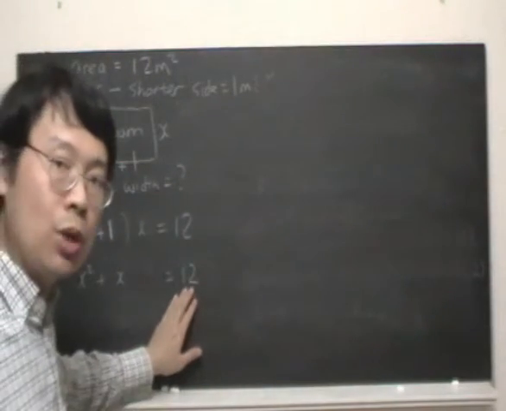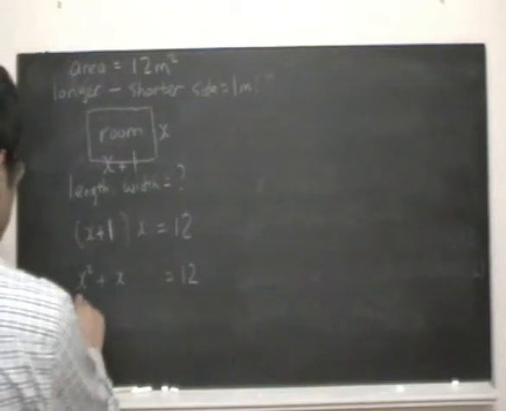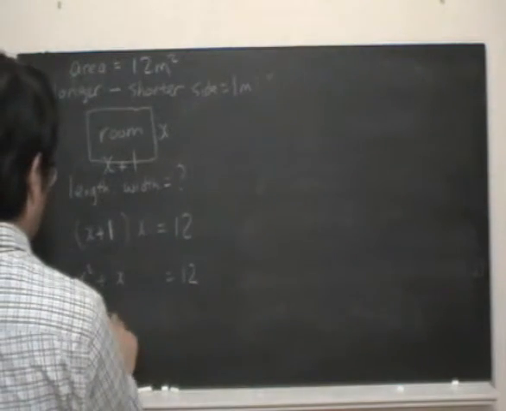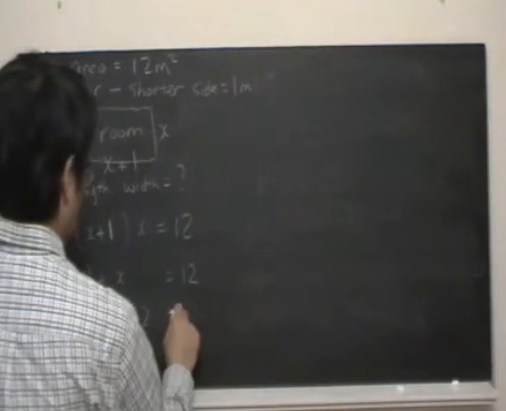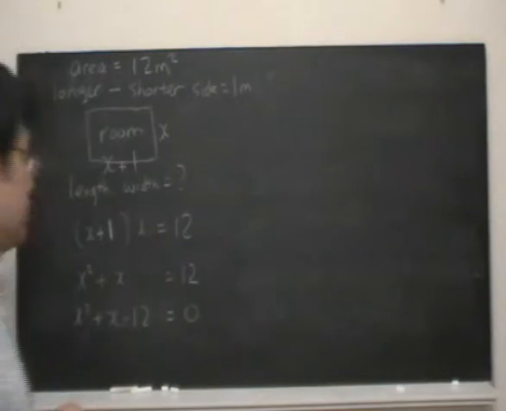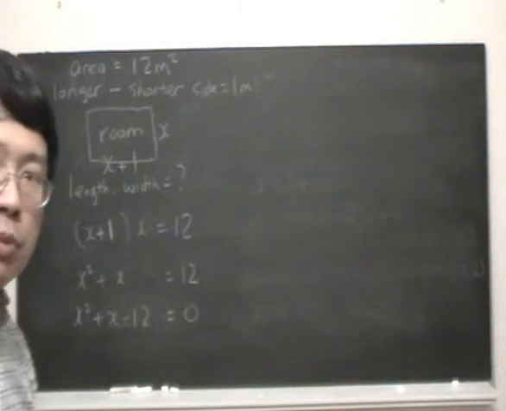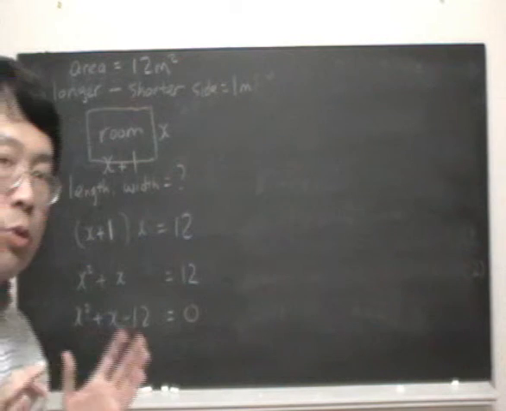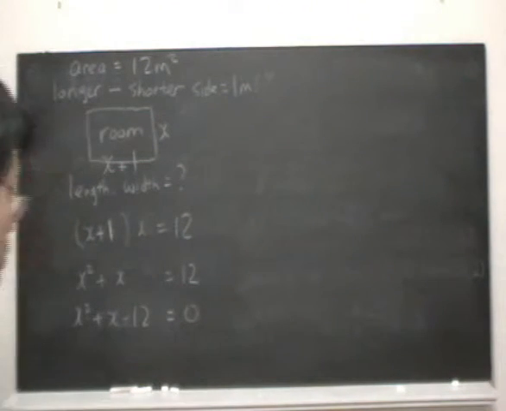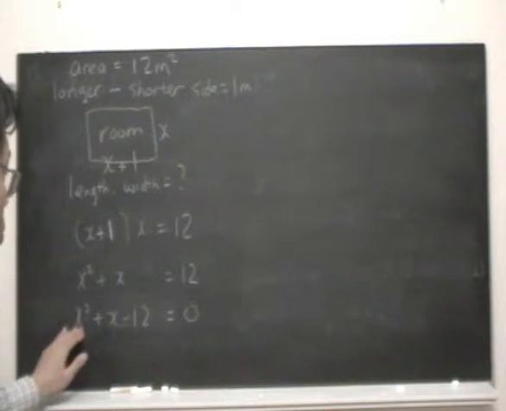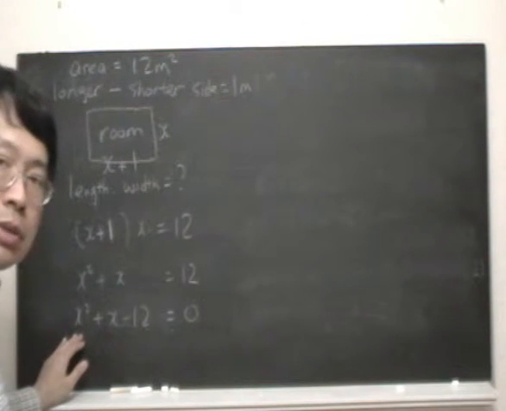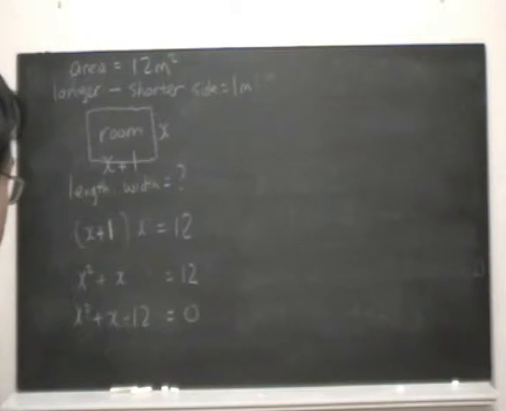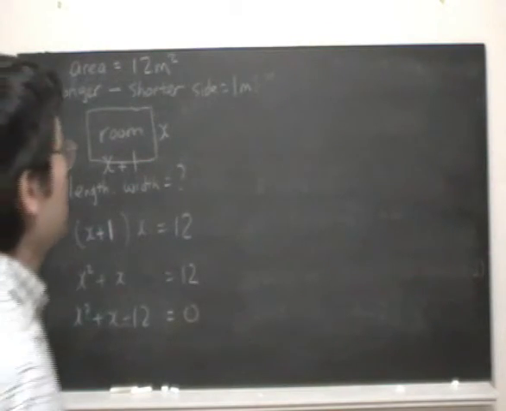Just subtract 12 from both sides. There. We have our familiar form, and we have our quadratic equation. To solve this equation, we can try and factorize the left side. Let's try that.